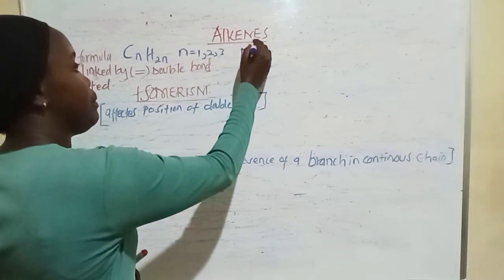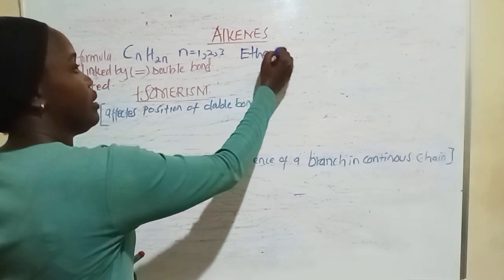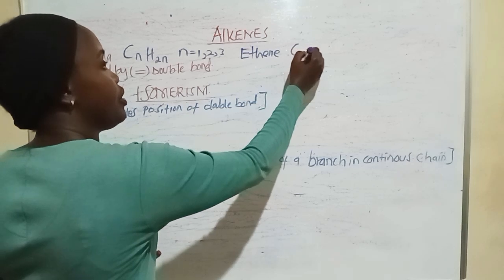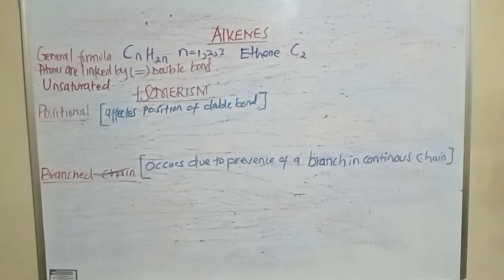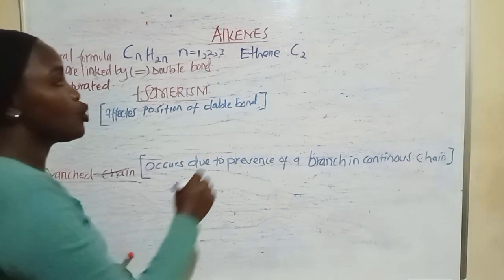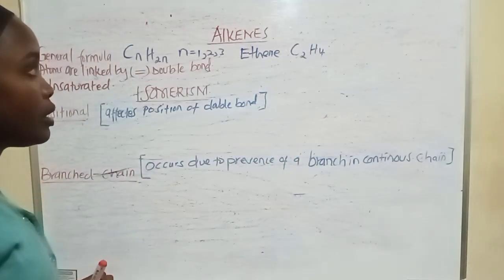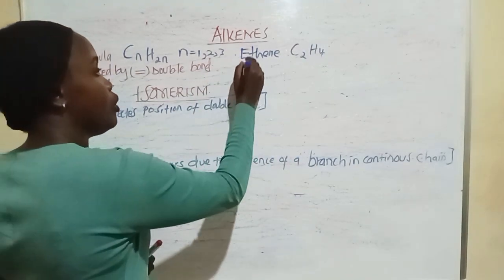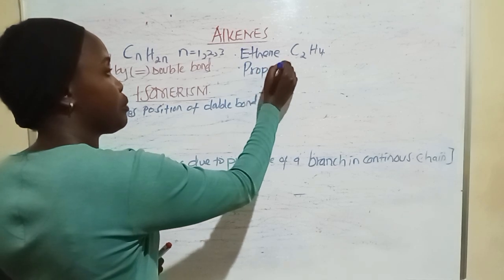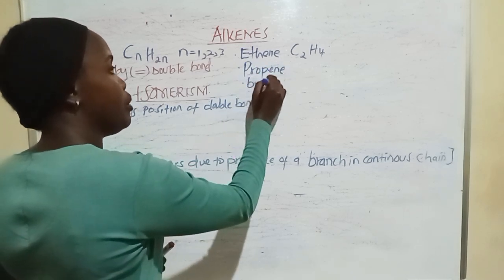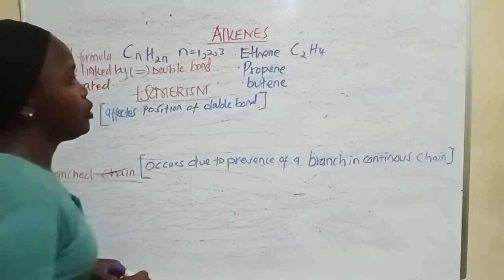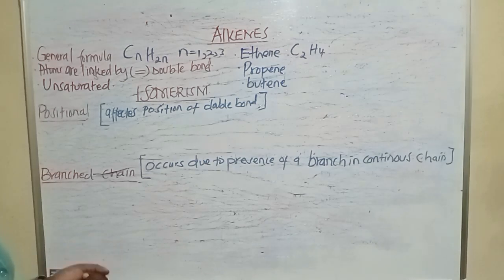The first member is ethene with a formula of C2H4. Then we go to propene, and then we go to what? Butene.